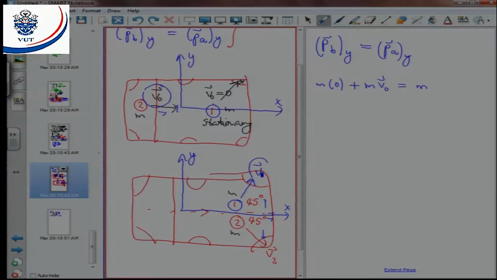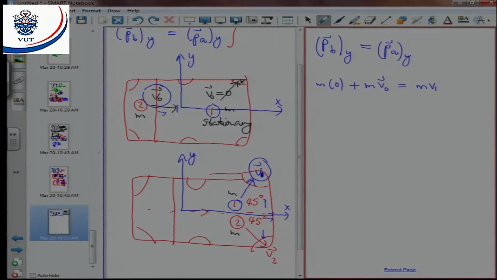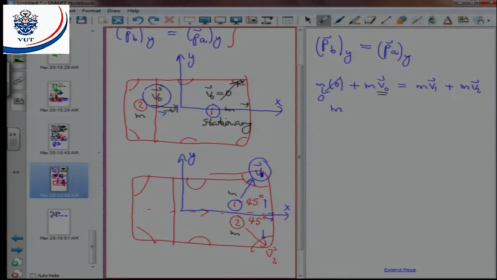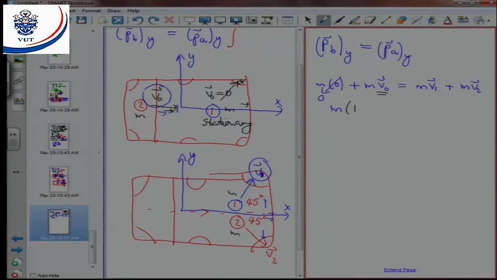Just to remind you, v1 for the black ball plus m times v2 for the white ball. So this term is just 0, and then here we still have m. Now we need to substitute the vectors. v naught is going in the positive x direction initially, so it's just plus v naught. The plus is the direction, the v naught is the magnitude. So that's the momentum before.